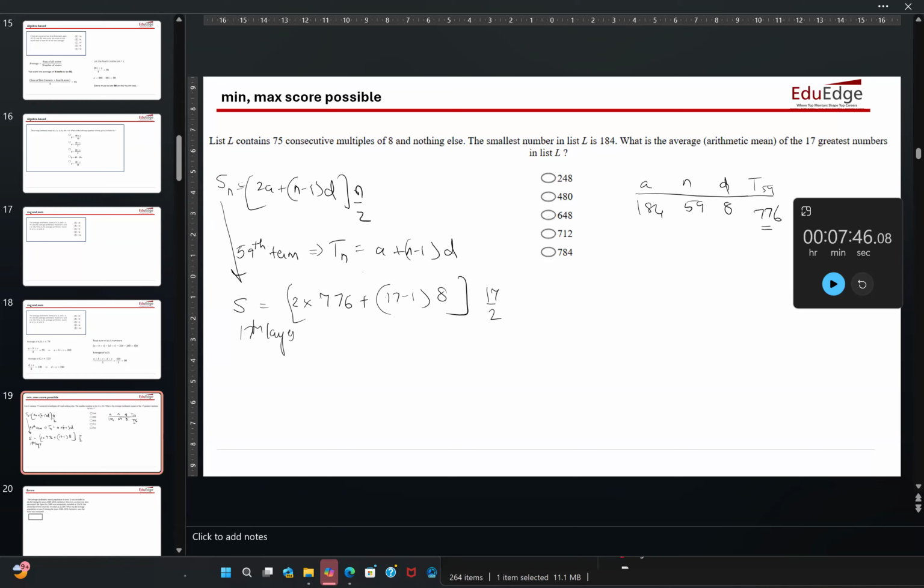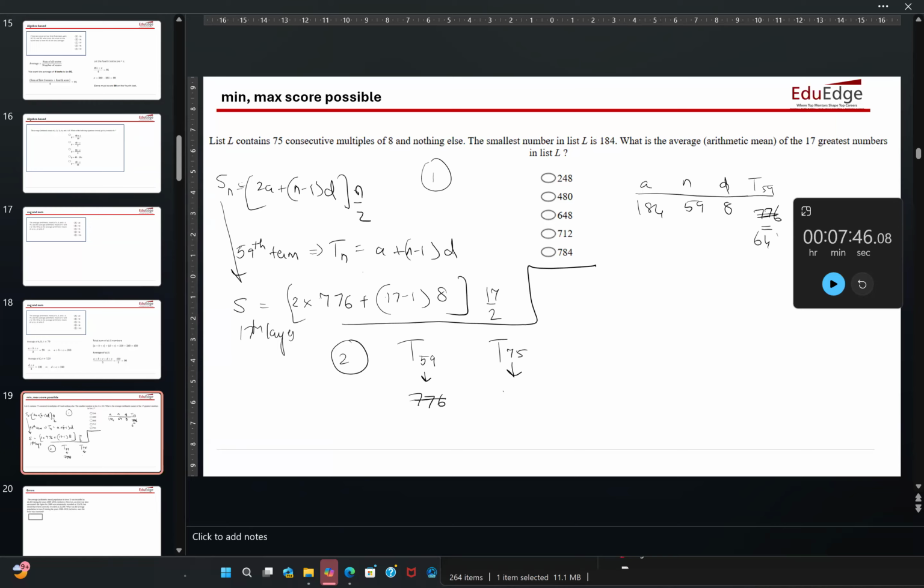Okay, this is one way of doing it. The other way of doing it is to find T59, and then T75, which I found to be 776. Sorry, T59 is not 776. T59 is 648.